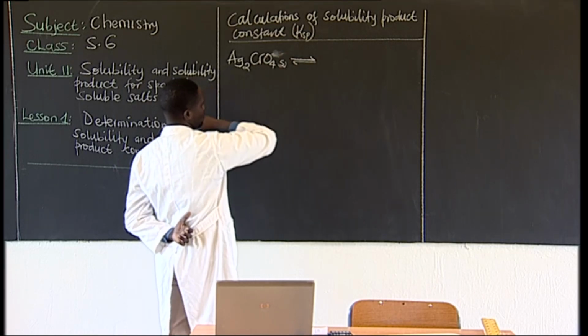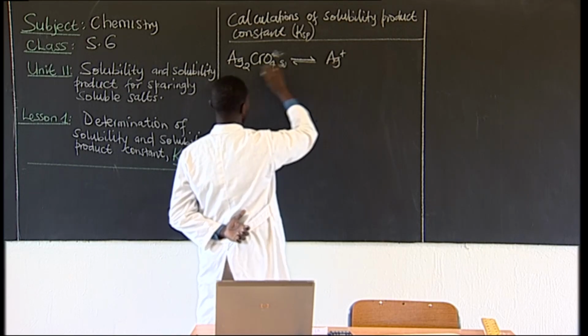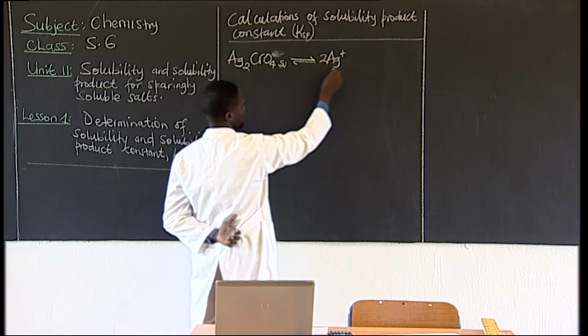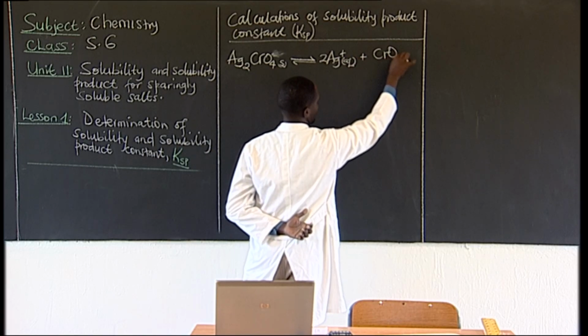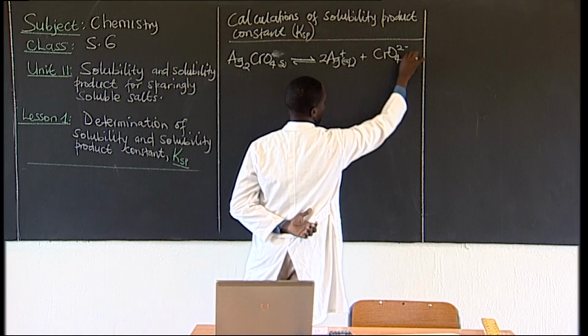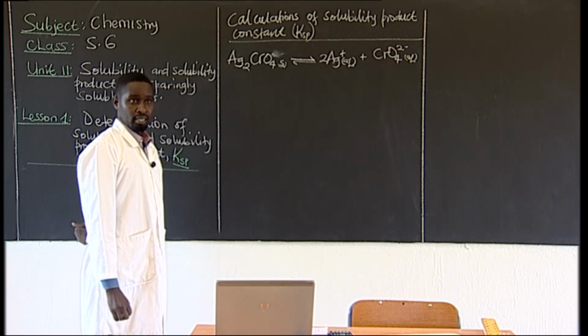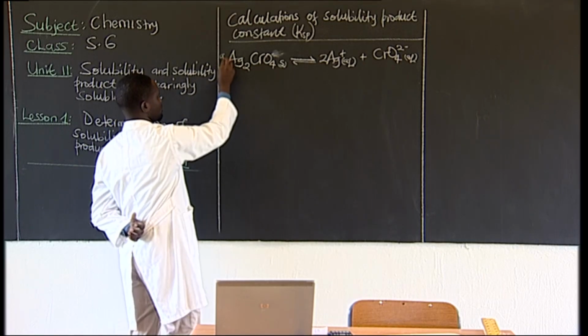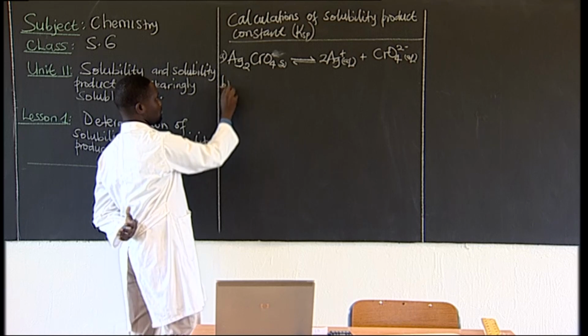When dissolved in water, it ionizes, giving silver ion, this is 1 with the 2 here, aqueous, and the chromate ion. So, balanced as that. That is part A, to write the equation.